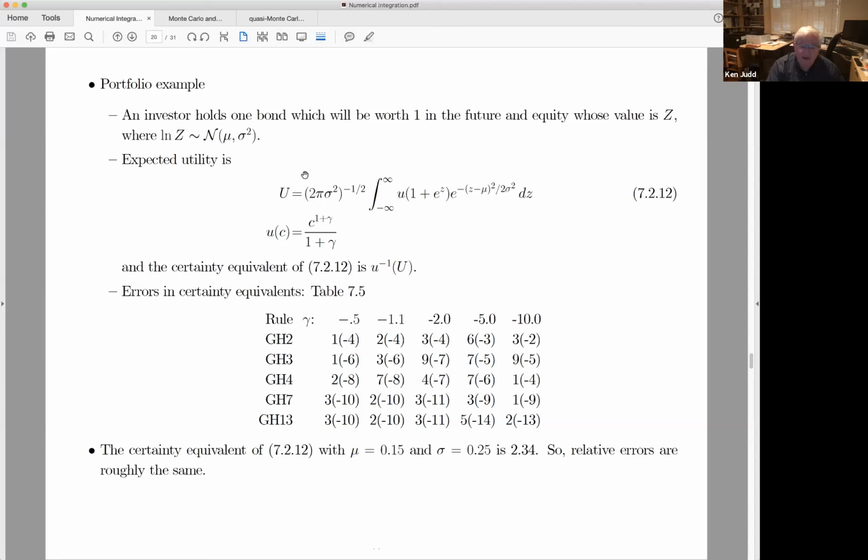Now, why did I sort of fumble around for a while? See, what economists sometimes will do is have the equity value tomorrow be capital Z. You put in the normal random variable here as the value of the stock tomorrow, and then the integral doesn't exist, because 1 plus capital Z in that case could be negative.